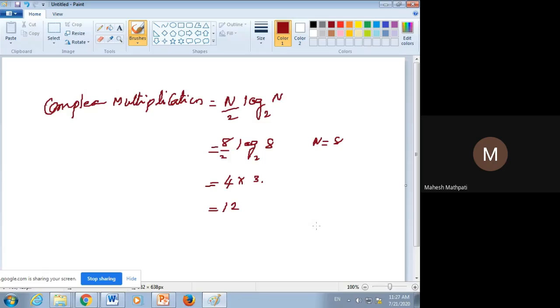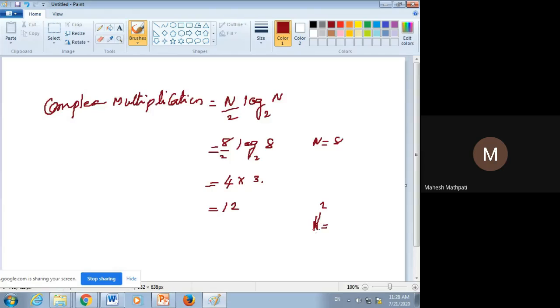Can anyone tell me? Number of multiplications required to complete DFT. Yes, anybody? N square. It is n square.